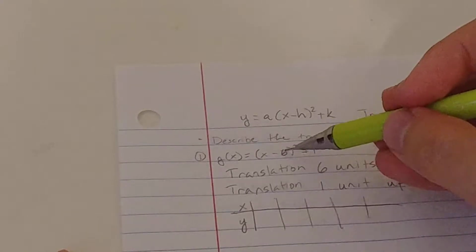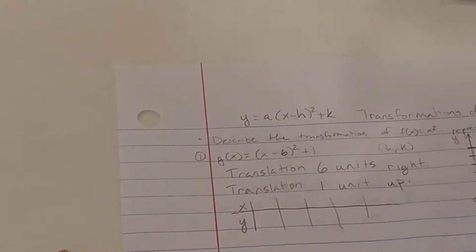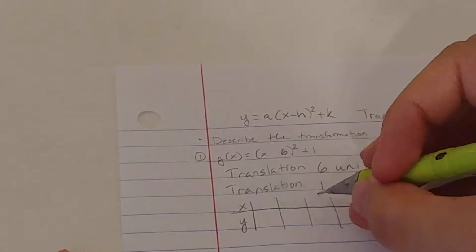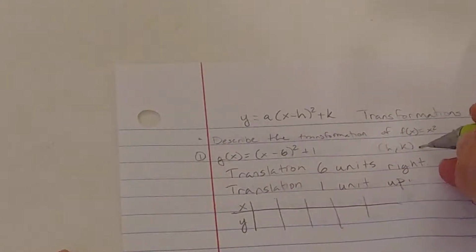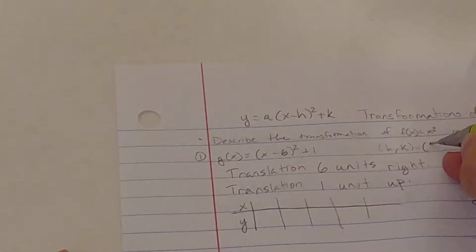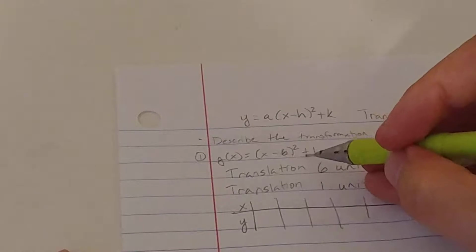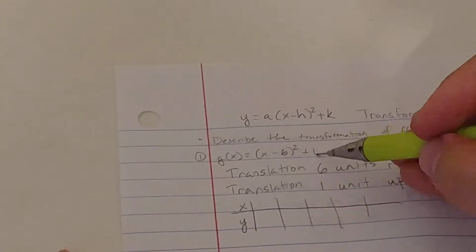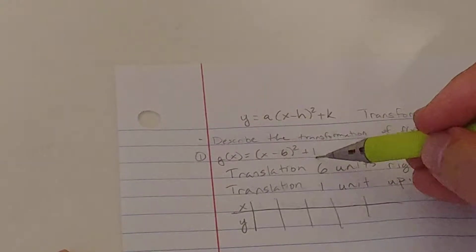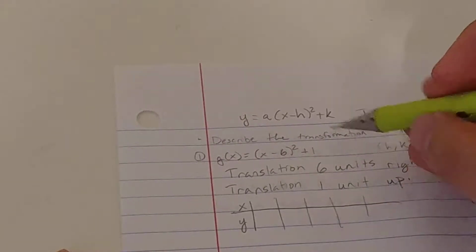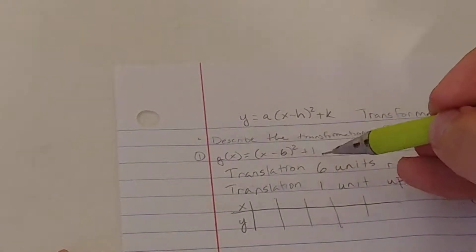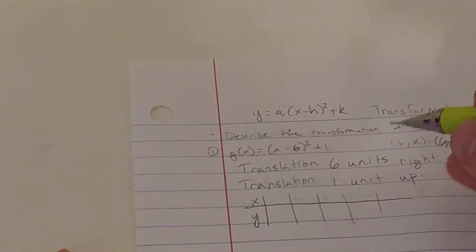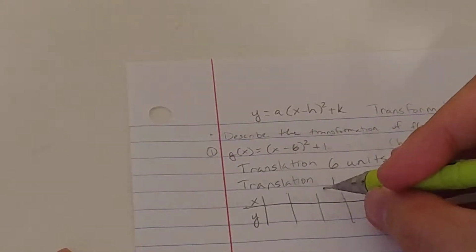Here we're subtracting 6, but you want to think opposite because it's horizontal. So our h is actually 6, and our k is 1. H on the inside, k on the outside. H is inside the house, k got kicked out. Okay, so that's the vertex.